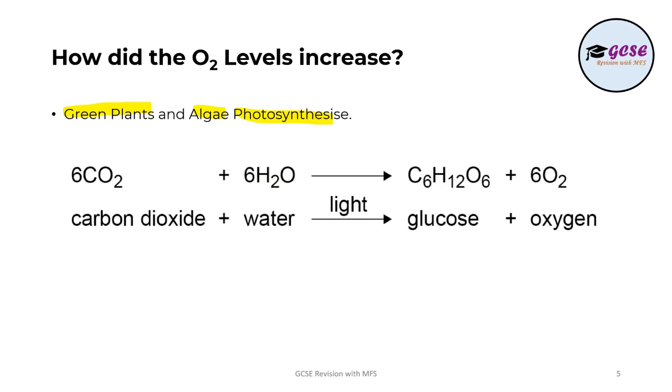When they're carrying out photosynthesis, again, we have the reactants here and the products here. We can see that they're producing glucose and oxygen, and the oxygen stays in the atmosphere.